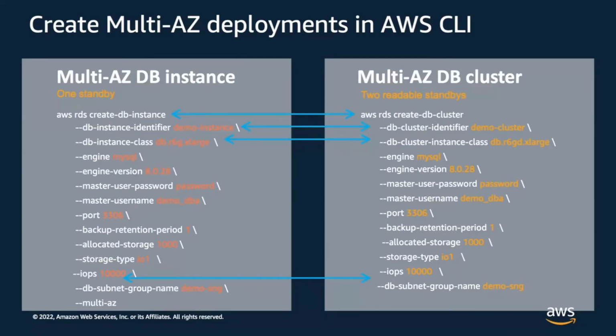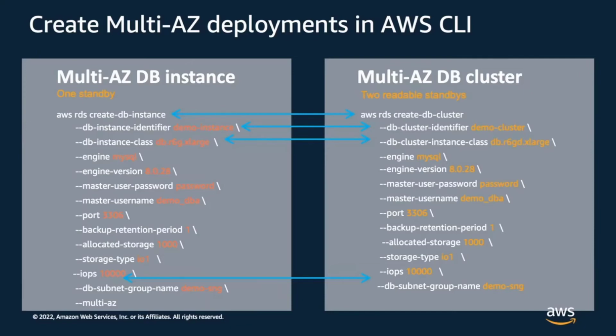As you see on the screen, above are the API calls for multi-AZ DB instance and multi-AZ DB clusters. For multi-AZ with one standby, the API call is aws rds create-db-instance, and for multi-AZ with 2 standbys, it is aws rds create-db-cluster.